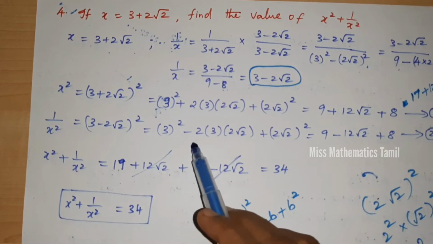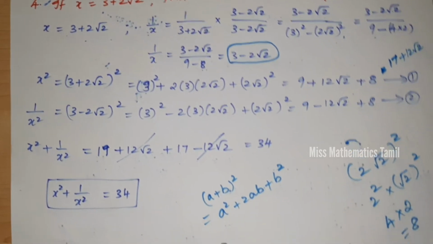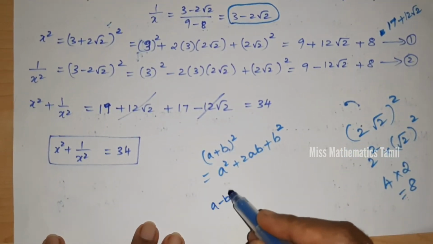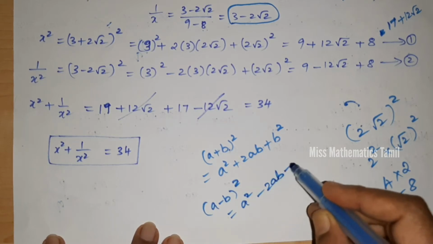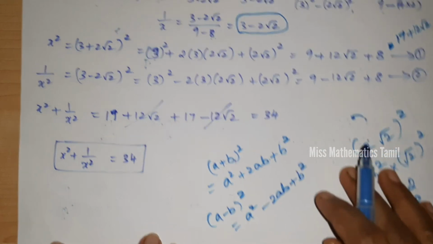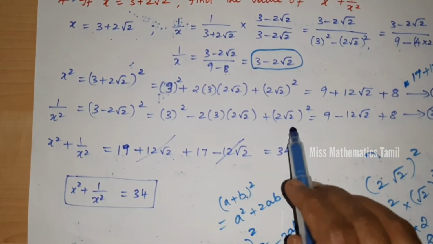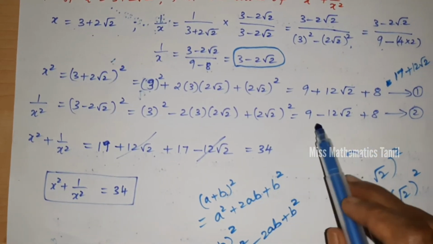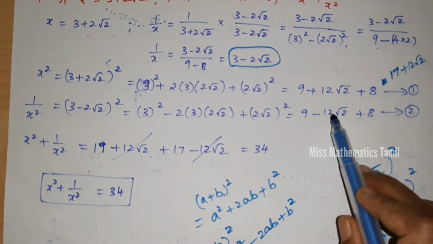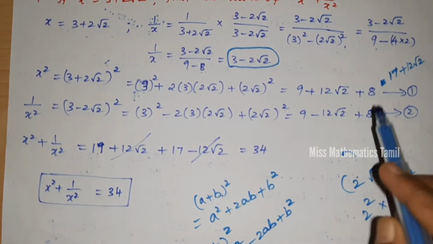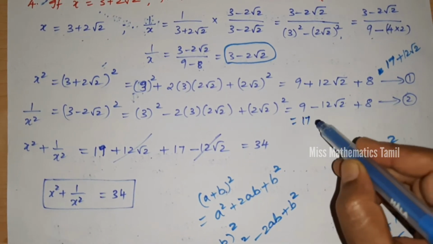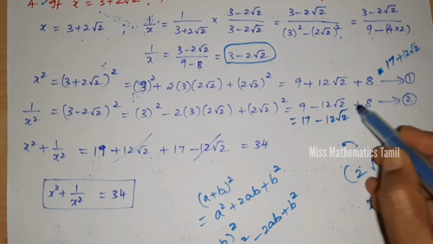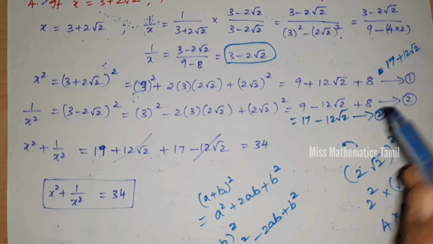So, 3 square minus, here I am using the identity a minus b the whole square. What is that? A square minus 2ab plus b square. Right? I am applying that formula here. Finally, I am getting 9 minus 12 root 2 plus 8. Simplified this, 17 minus 12 root 2. Okay, this is equation 2.